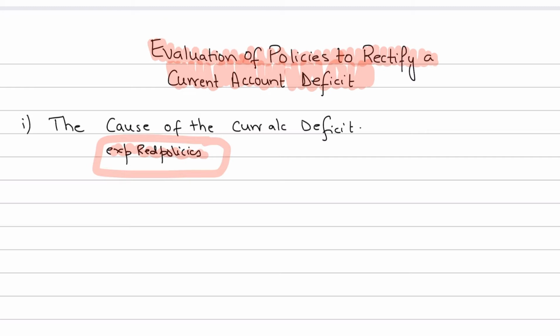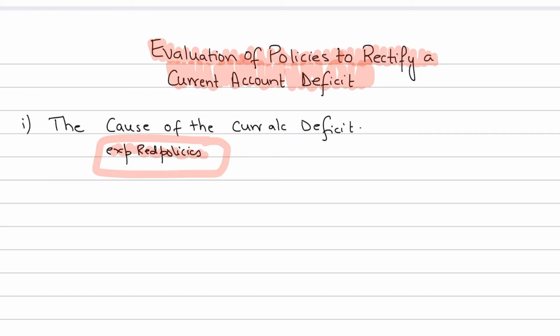Because if the current account deficit is not caused by excessive import expenditure due to high incomes, then implementing expenditure reducing policies will not work, and it would represent a government failure, right? The government has failed to reduce the current account deficit, and those policies would be wasted, right?